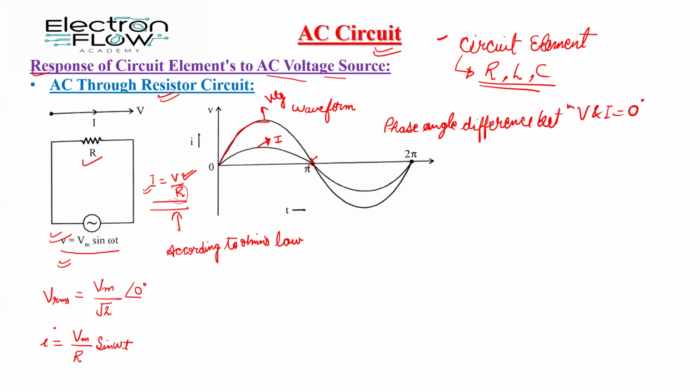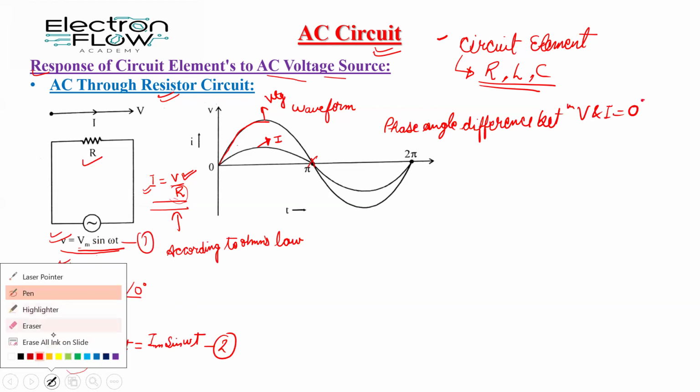So what we are doing basically, this is the voltage waveform equation divided by R resistance. Here I am assuming this ratio is equal to Im. Okay, so Im sine omega t. So we have two equations here. This is our first equation and this is our second equation.